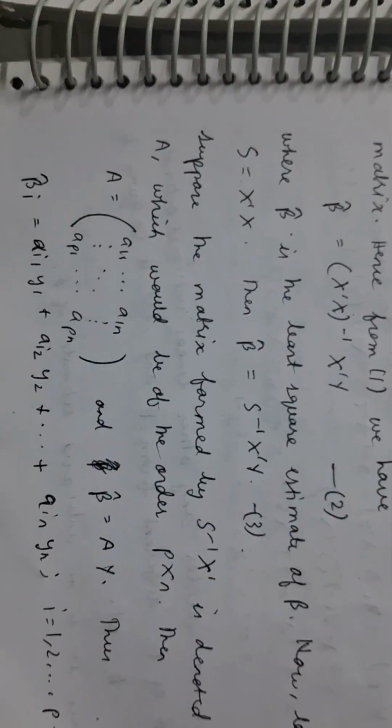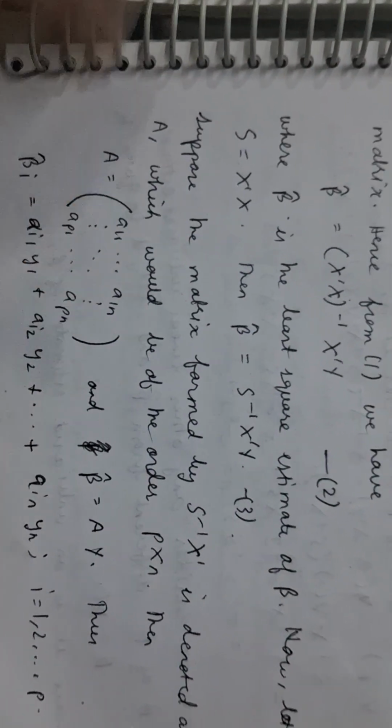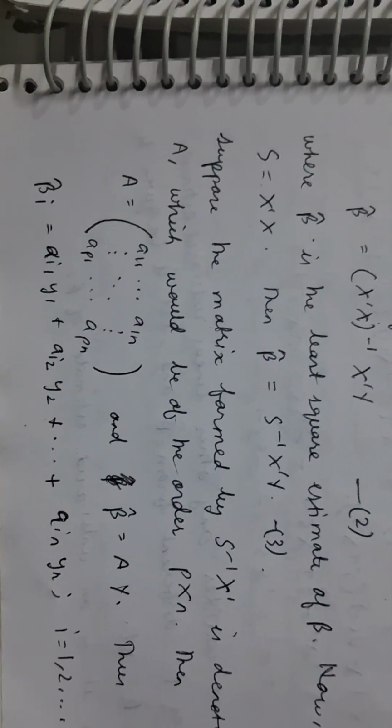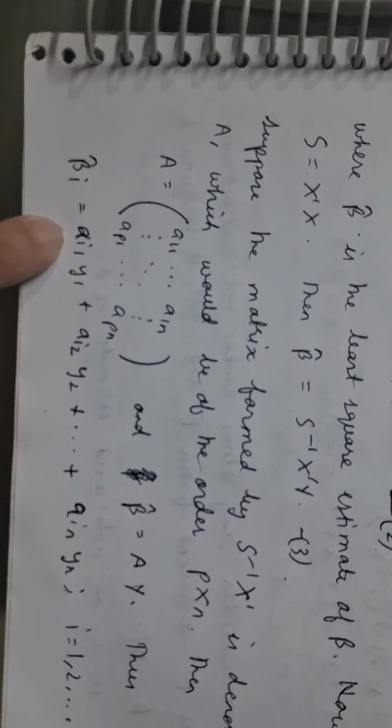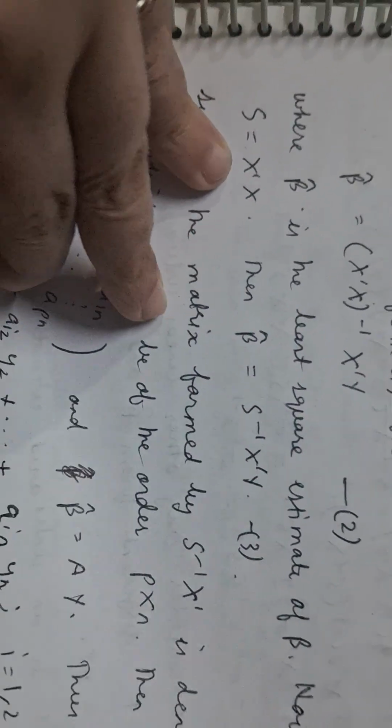Now, if the matrix formed by this is denoted by A, which is of the order p cross n, then if A is denoted in this way and beta cap is equal to AY, therefore each value of beta cap, that is beta i cap, will be equal to a i1 y1 plus a i2 y2 and so on.